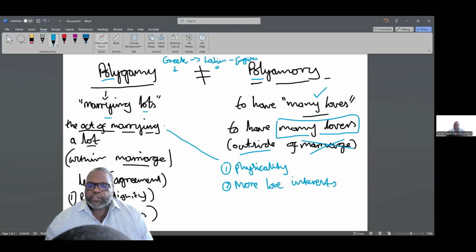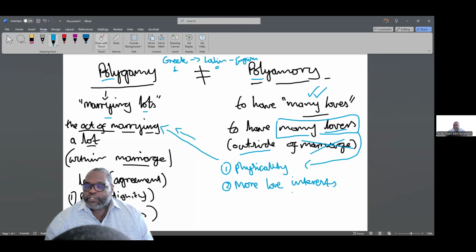The M word, marriage, is the carte blanche to physicality. So far in polyamory, to have many lovers is a different definition to have many loves. To have many loves, excellent. You love people, nothing wrong. But when these people become lovers, which means physicality, then there's a problem if the M word is not introduced.